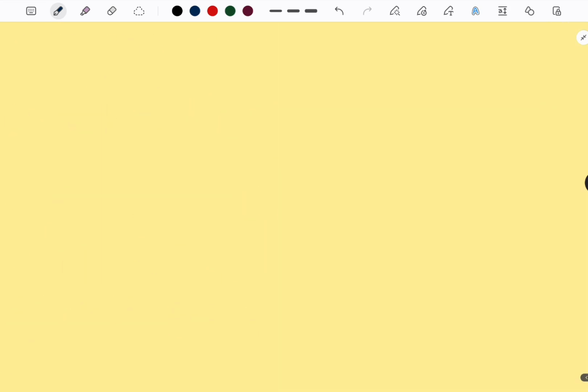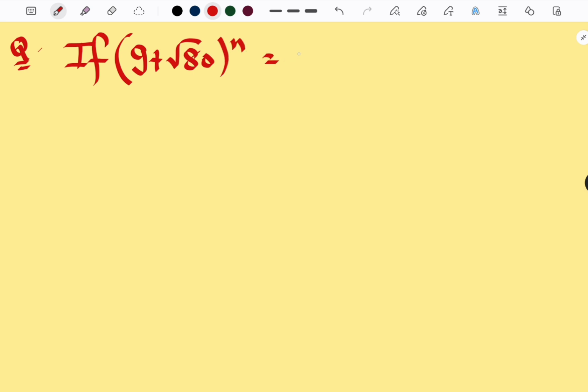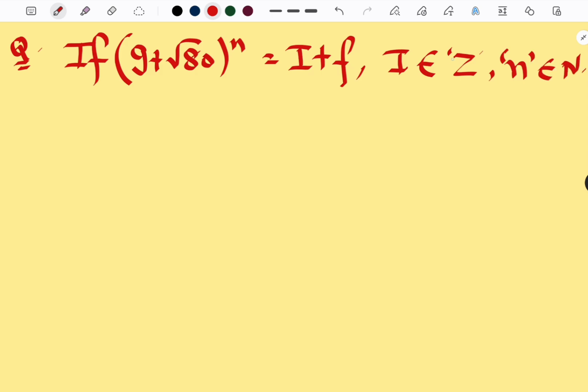Next question. If the next question is like that, say (9 + √80)^n is equal to I + f, where I is an element of integers, and n is also a natural number, belonging to Z plus, f belonging from 0 to 1, then which of the following are true?